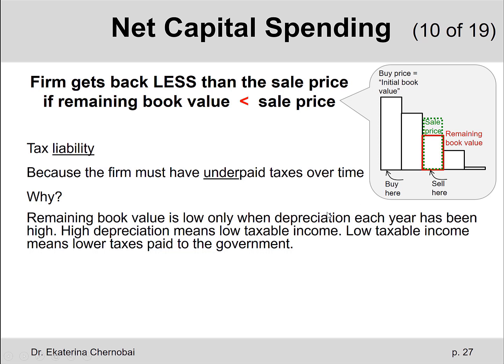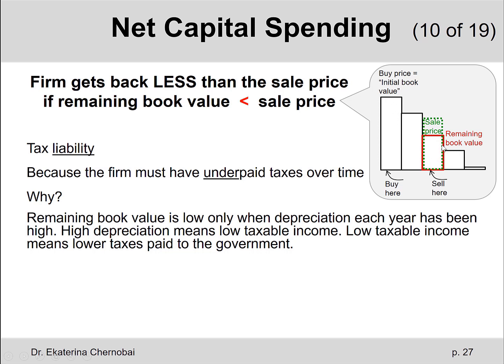because essentially it's as if we're trying to sell the asset at a profit, right? So we are going to be taxed on that amount, the profit amount. But you can also say something like the following. You can say that it's as if the depreciation has been way too high. On the books, the asset is worth very little, whereas buyers are willing to pay a good price for it.